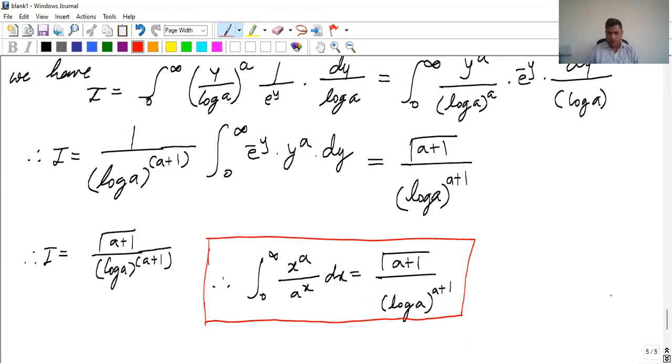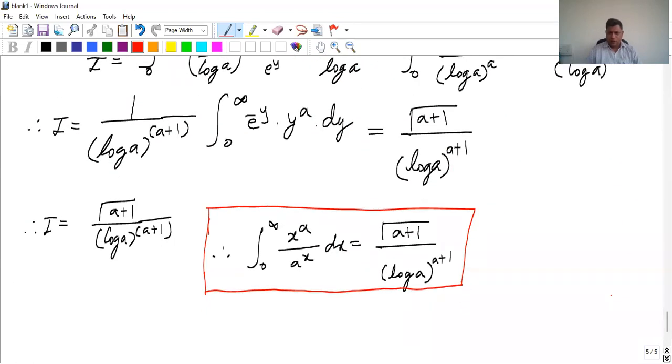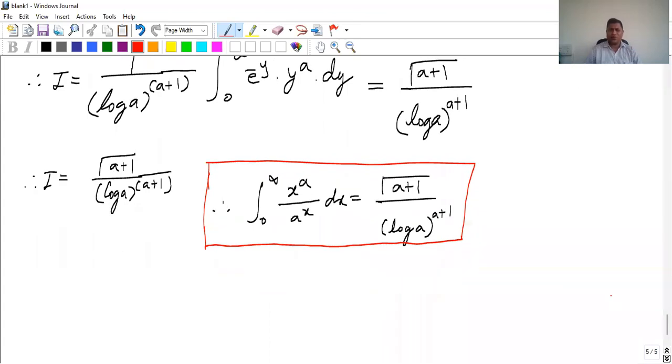Sir, are we supposed to memorize these results of integrals? No, you are not supposed to memorize these results. Here we are trying to get the idea of how gamma comes into the picture, or how to convert these integrals to gamma, which we have seen in these examples.